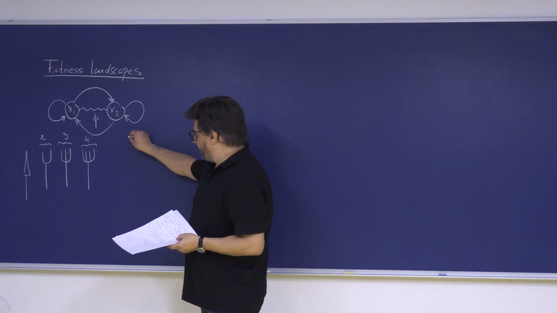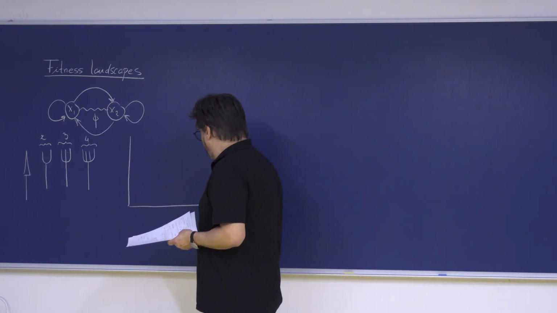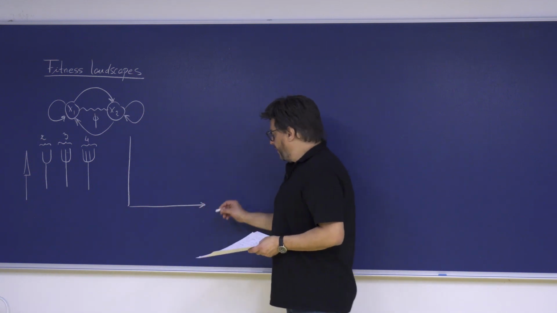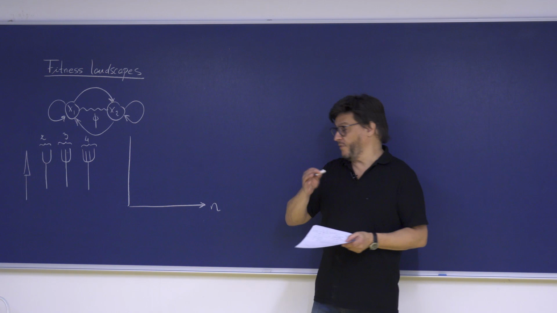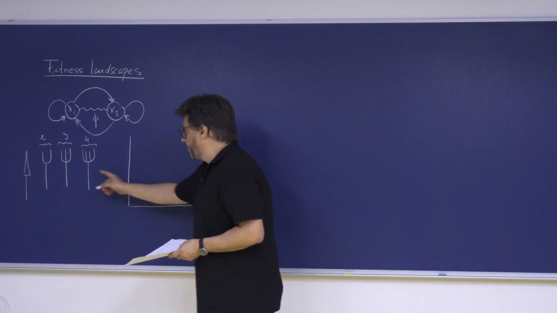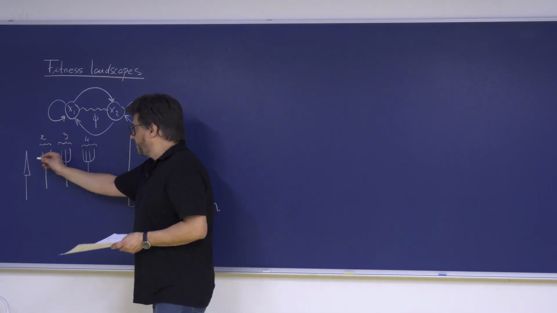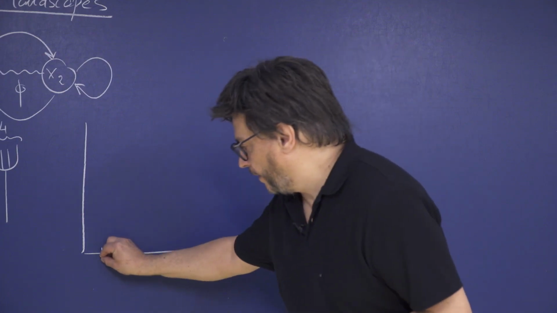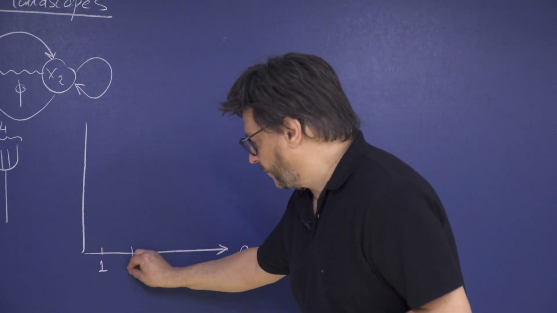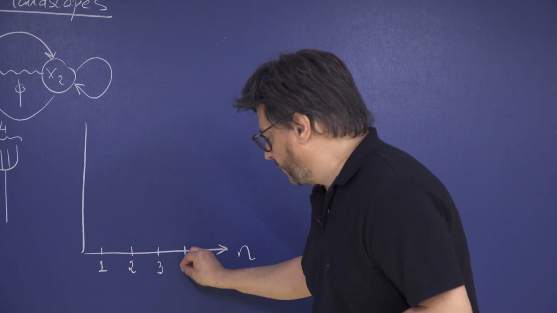What would be the outcome of that? Well, I need to put here 2 things. In this axis, it will be a discrete number of things. I will put these numbers, 1 to 4: the minimum, 2, 3, 4.